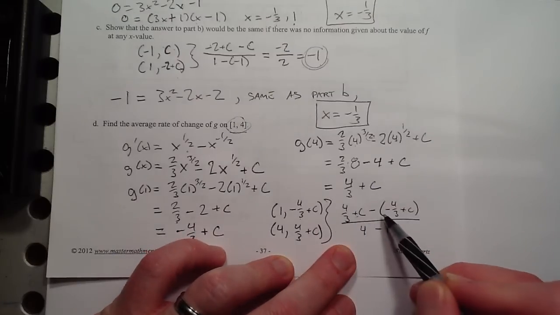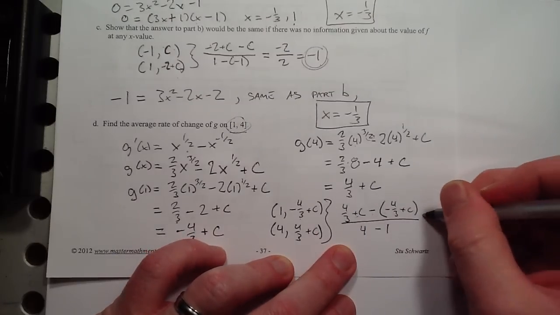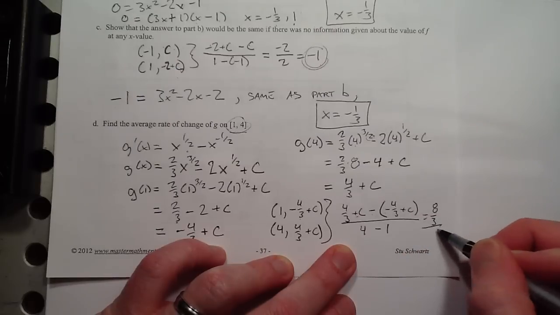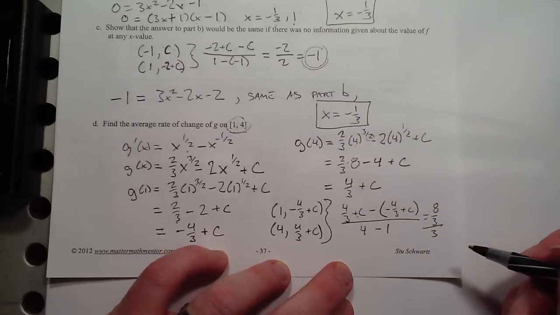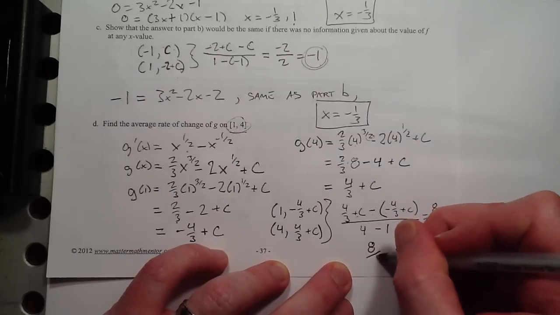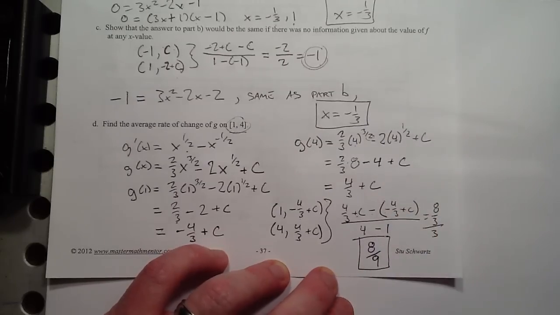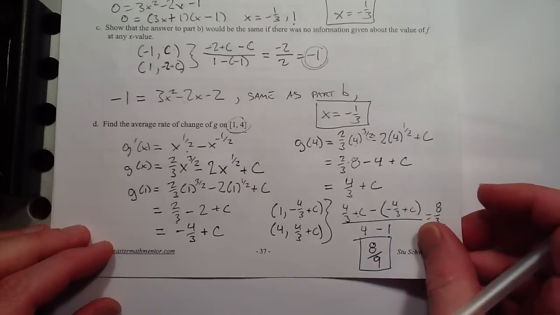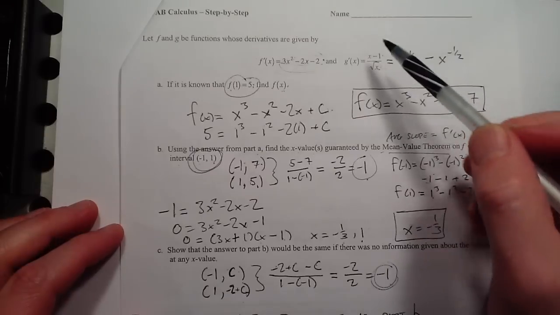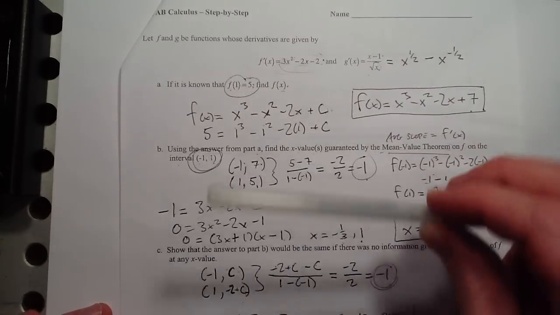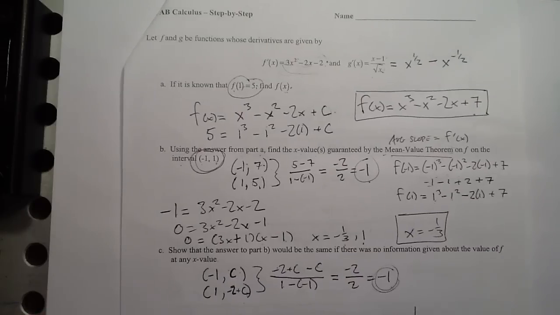So I have 4/3 plus 4/3, that's 8/3 over 3, and that's equal to 8 over 9. So the average rate of change on G is 8/9, and notice we were able to find that even though they didn't give us a point on the G function, because it doesn't matter. It doesn't matter whether you shift it up or down. All the stuff about slopes is the same.